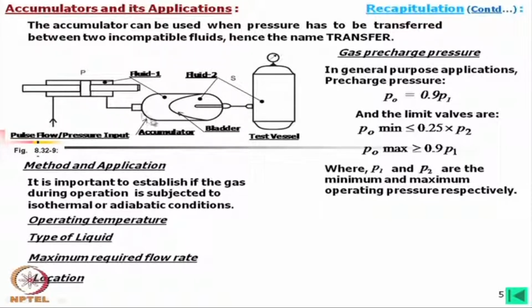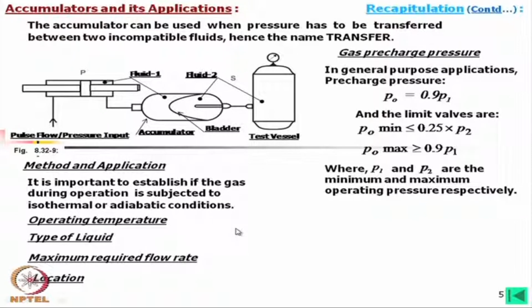Inside it is usually hydraulic oil, and then by a reciprocating pump or actuator, with an equal rod on both sides, we can generate a pulsating load, which is transferred through this accumulator to this vessel, and then this vessel is tested for fatigue load.